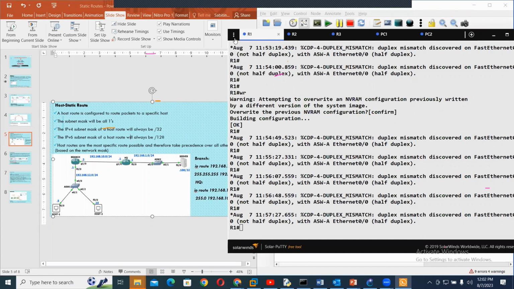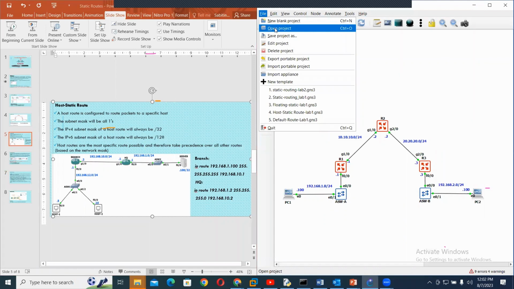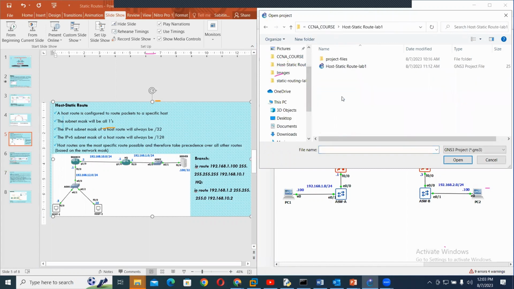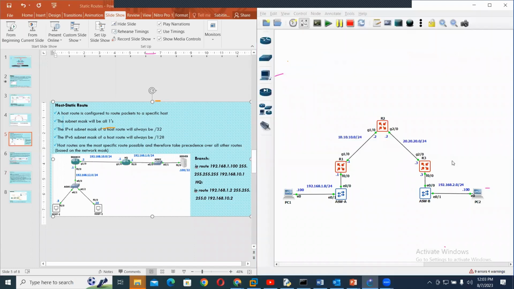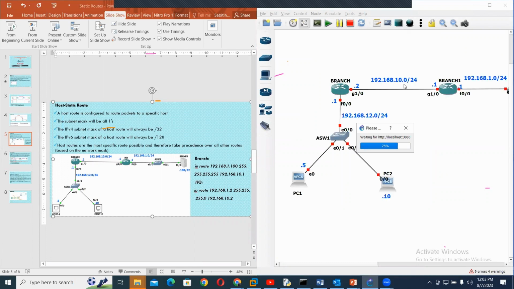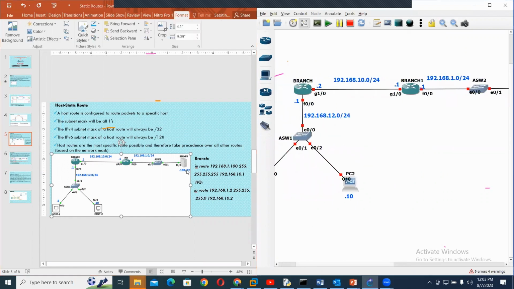Let me cancel this and open the host routing lab, host lab 1. The mask should not be /32, it is /24 because it's just our host network here.